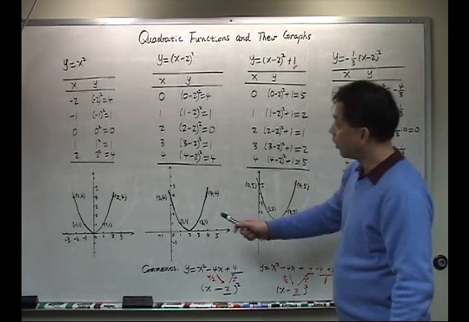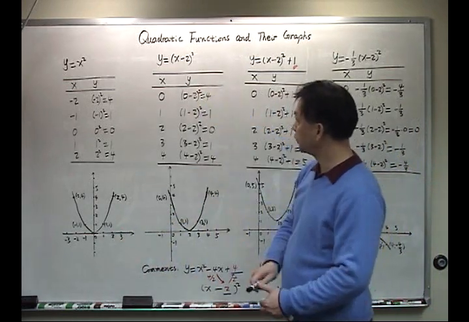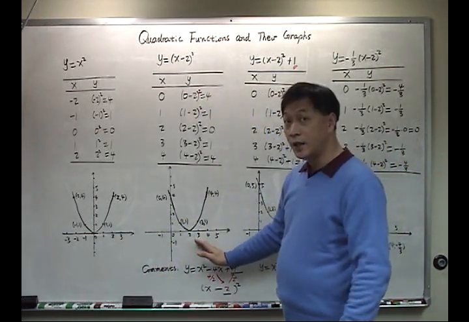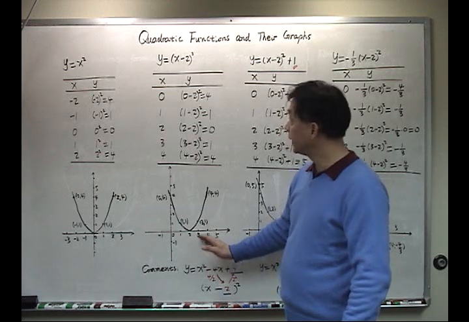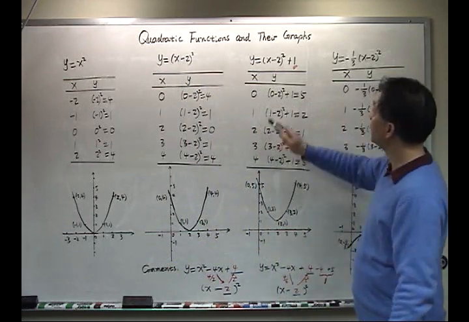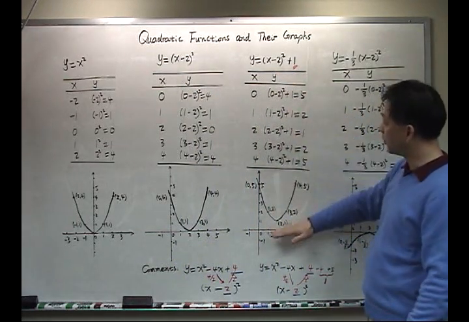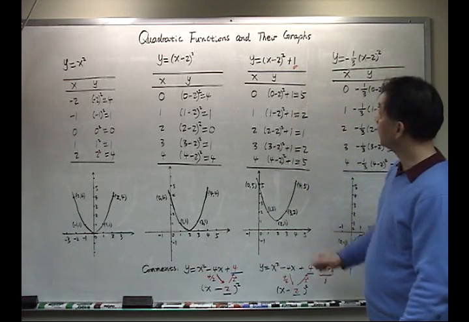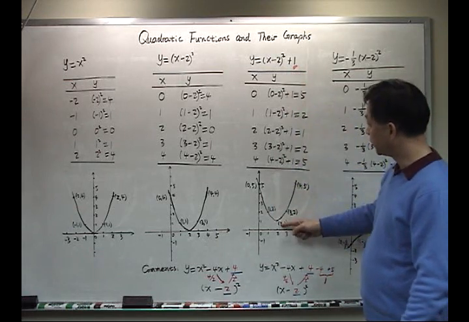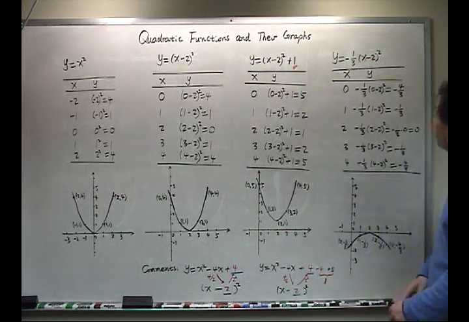Now, original picture, and then minus 2 shifts to the right, the positive direction. If we have plus, then to the left. And here, plus 1 for y, 1 unit up. If negative, then we should have 1 unit down, if negative 1.